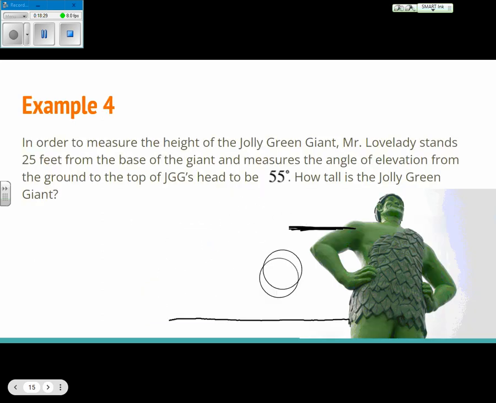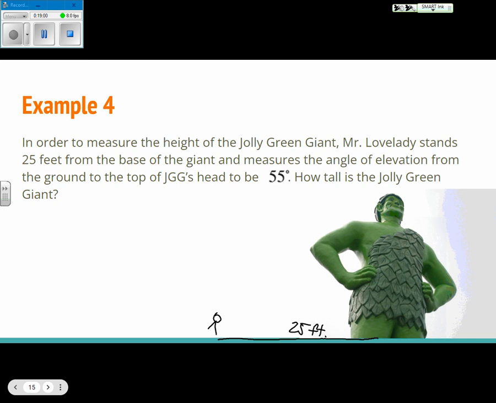So here we have the Jolly Green Giant. If you don't know who the Jolly Green Giant is, you might not be eating enough vegetables. In order to measure the height of this Jolly Green Giant, I'm standing 25 feet away from the base of the giant. So this distance right here is 25 feet.